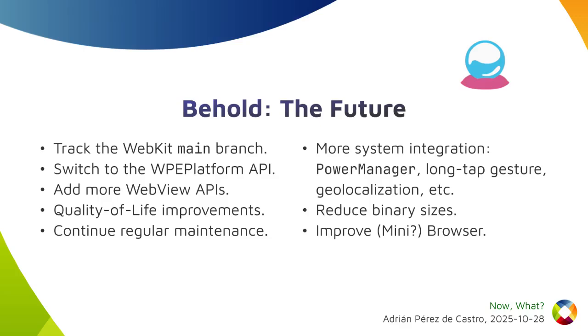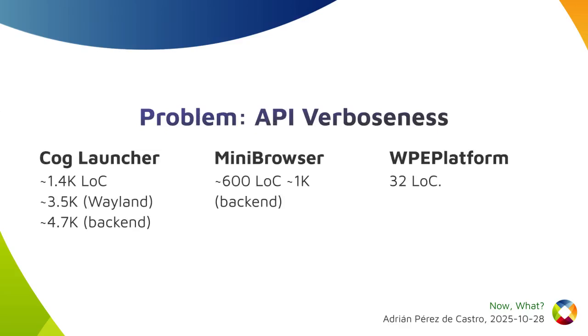But that's about it. I think we have maybe a minute or two, so I'm going to mention very quickly, because I really like the new WPE platform API, why we want to switch to it. One reason is that the old API, the legacy API, is hard to use.